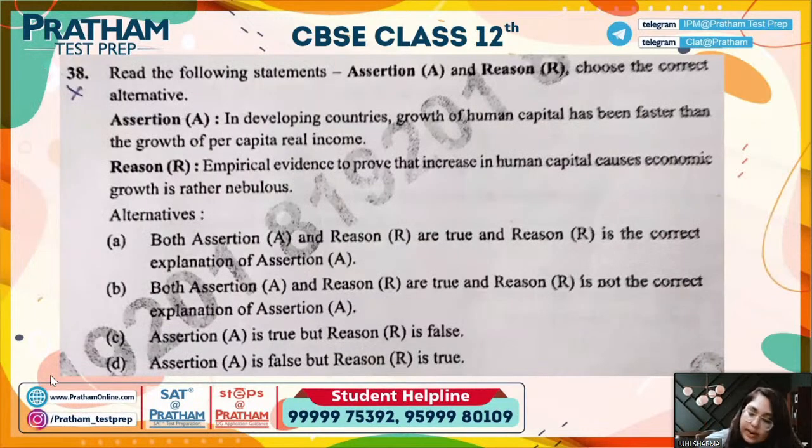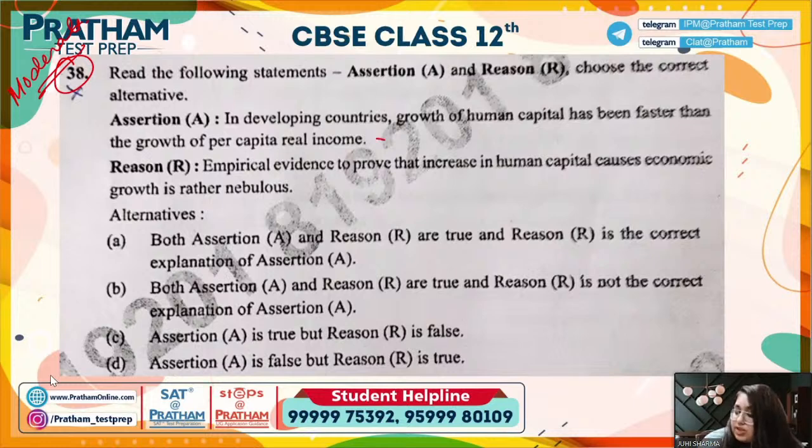Okay. Question number 38, you have read the following statements and you need to choose the right alternative. Now, I would again say this question is of a moderate category का question है. Let's see the alternatives. Option A is that in developing countries, growth of human capital has been faster than the growth of per capita real income.